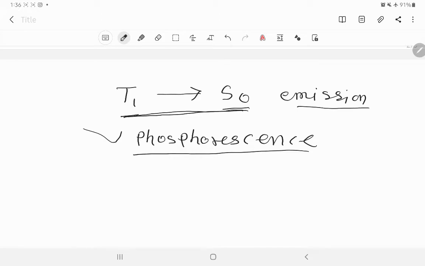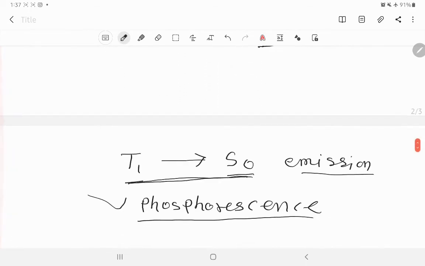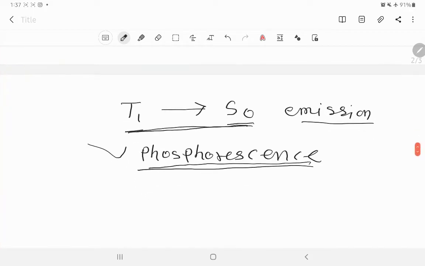If the emission stops as soon as the excitation source is cut off, those emissions are called fluorescent emissions, while phosphorescence emissions continue even after the excitation source is stopped. It is called phosphorescence emission.